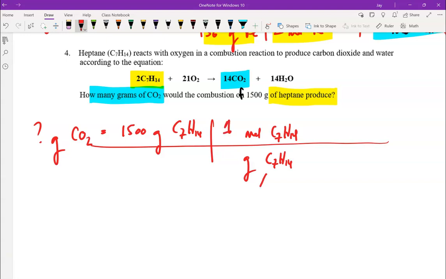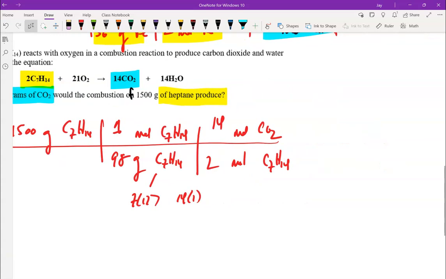What we know is that each carbon is 12 grams and there are 7 of them. Each hydrogen is 1 gram and there are 14 of them. So we're going to say 7 times 12, which is 84, plus 14 is 98 grams. Now we can go from moles of heptane, C7H14, to moles of CO2, and the equation is already balanced. We know that the ratio is 14 to 2.